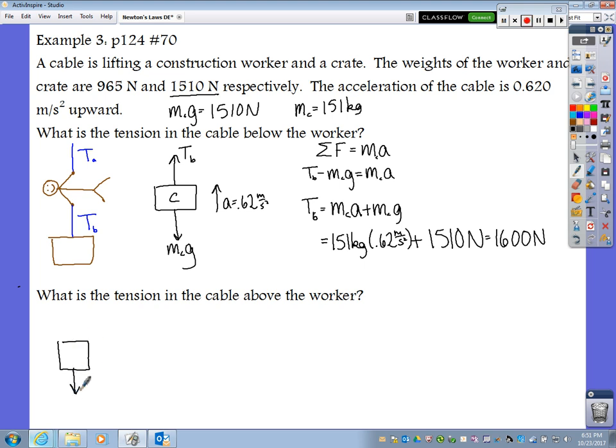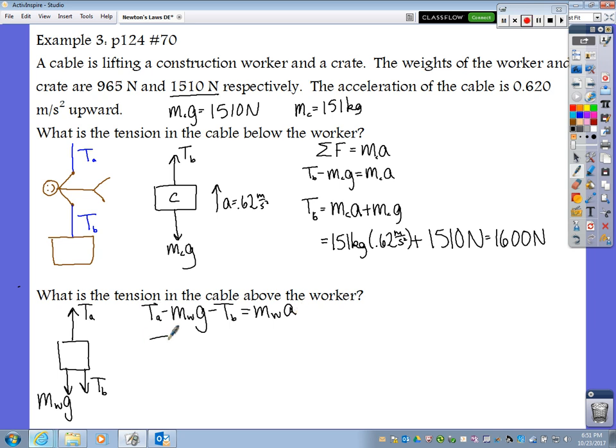The forces on the guy, we've got TA, we've got the mass of the worker times G, and we've got TB pulling down. So I can say TA minus mass of the worker times G minus TB equals mass of the worker times A.